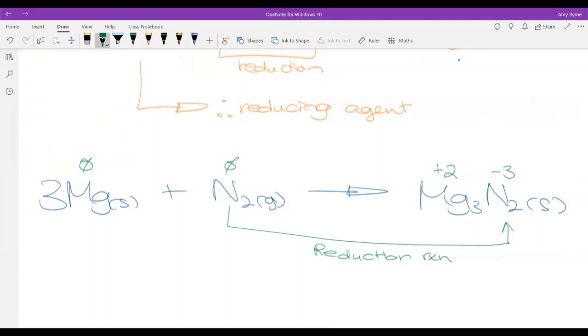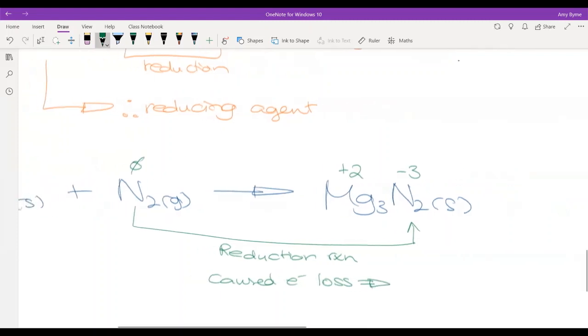It has caused electron loss. If it causes electron loss, it is by definition an oxidizing agent, because it is causing electron loss in something else.